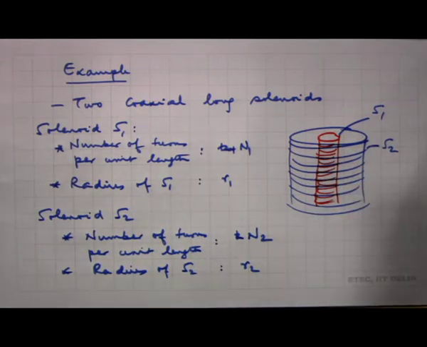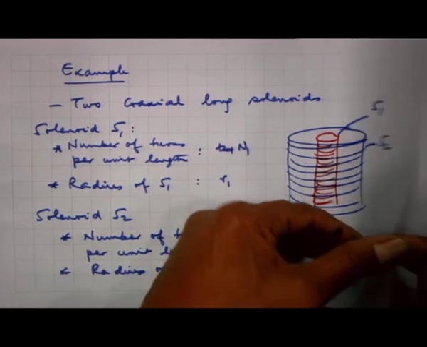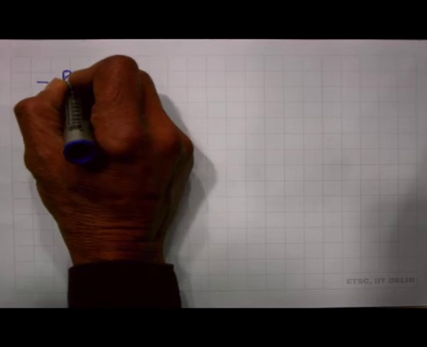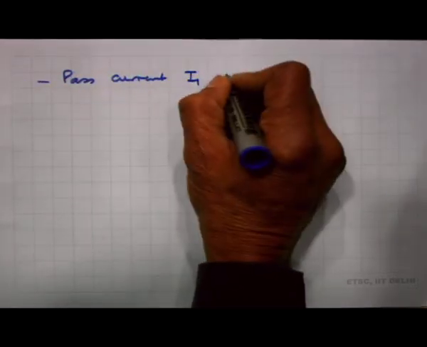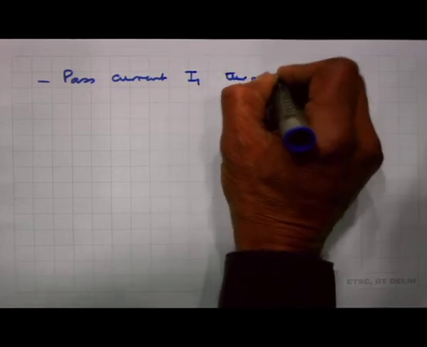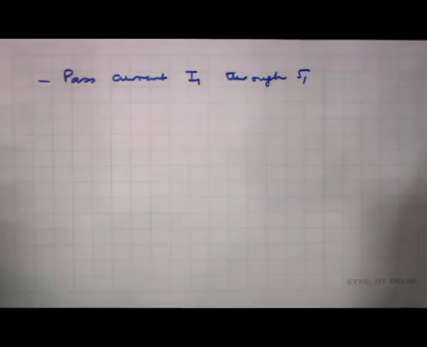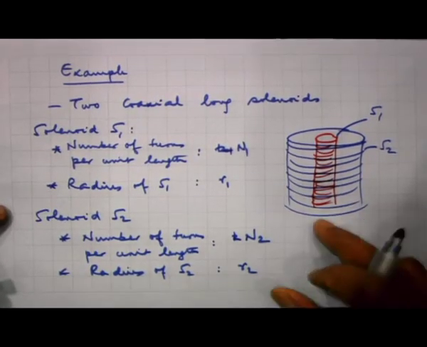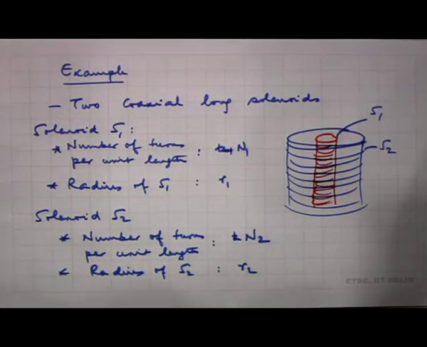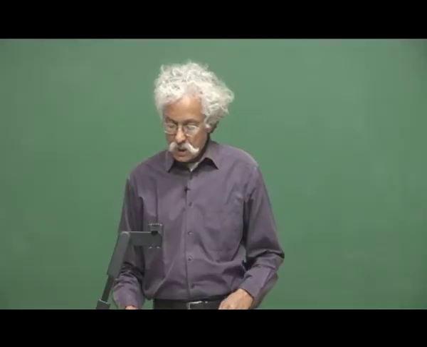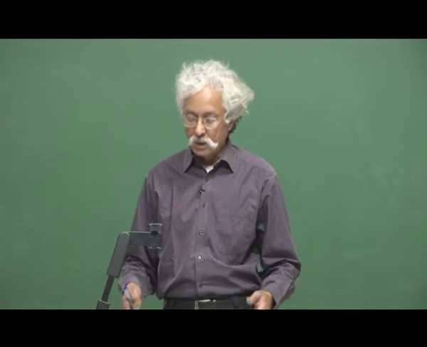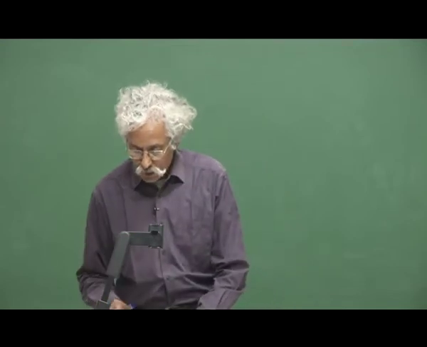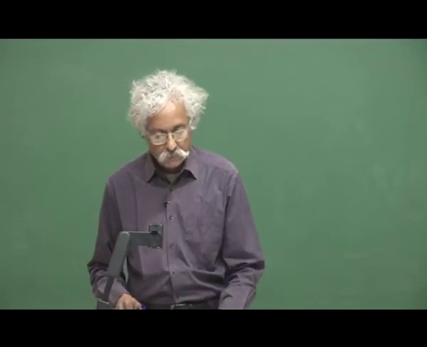Now, let me assume that I pass a current I1 through S1. So, S1 is connected to a current source. First of all, I am assuming that these are very long solenoids. So, I can assume the magnetic field generated by these solenoids is uniform within the solenoid, and S1 is now carrying a current I1.